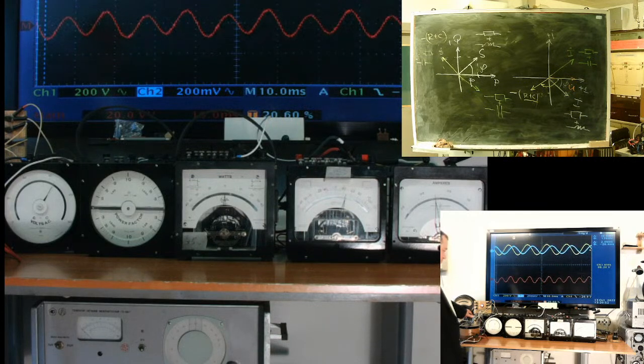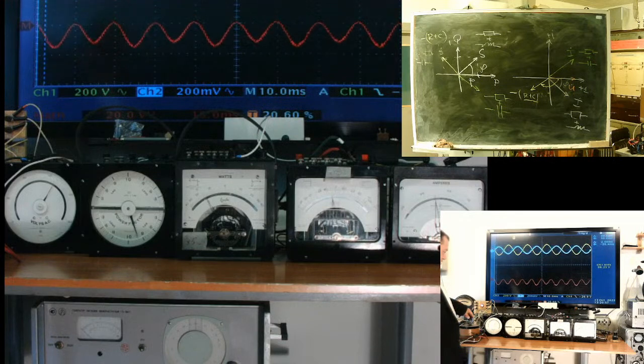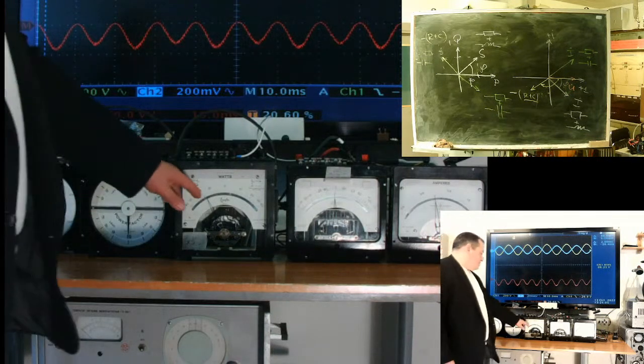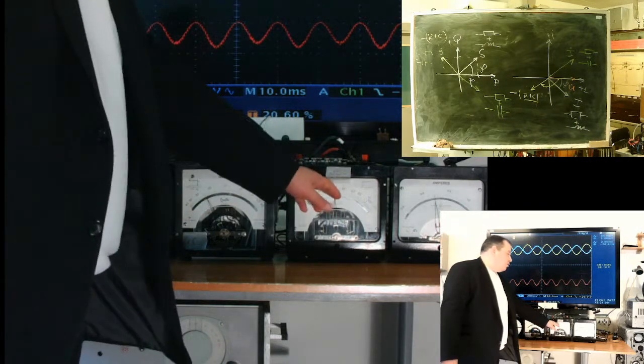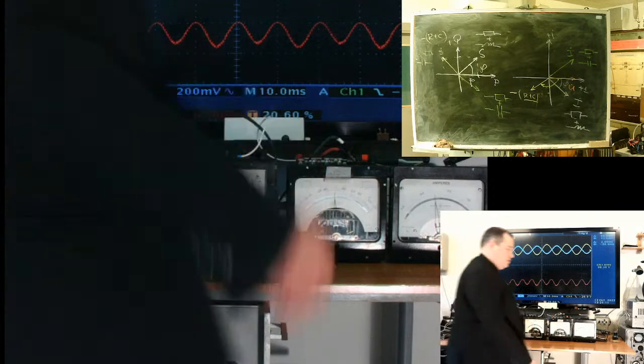Next, I would like to go this way. Yeah. Characteristic regime, minus 15 units of active power and 0 reactive.